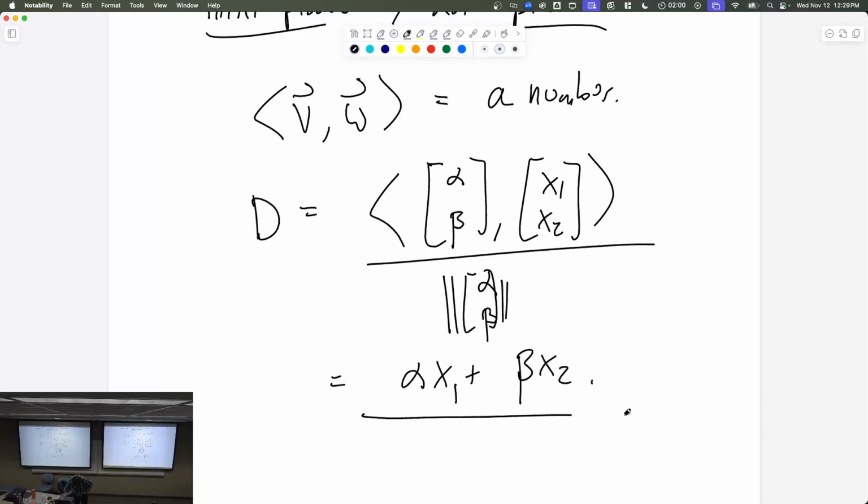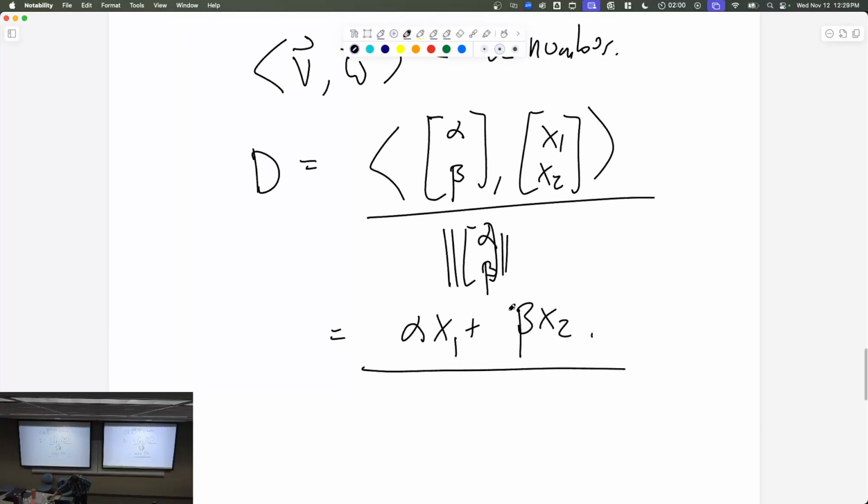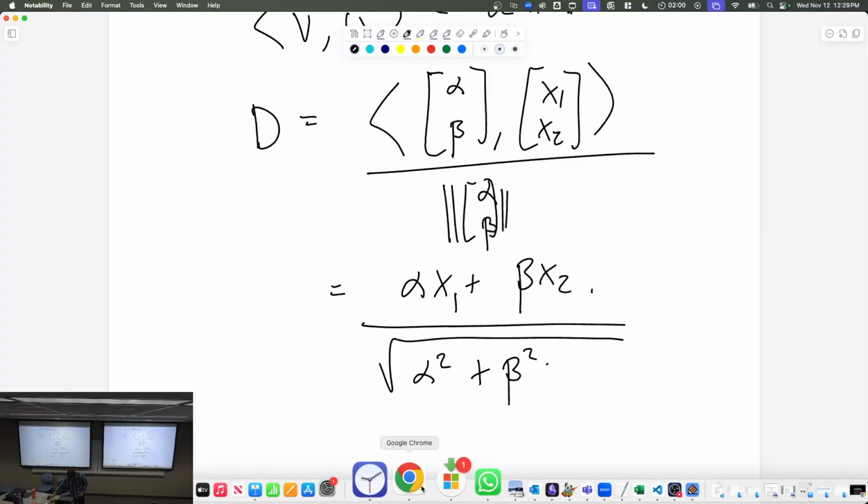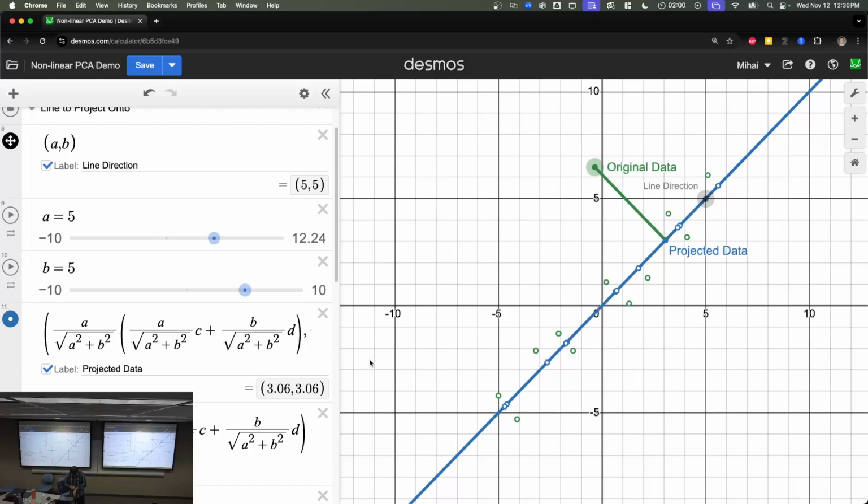On the bottom, you have the norm, which is the square root of alpha squared plus beta squared. So this is the amount you need to move for a given point x1, x2. This is the amount we're going to move in the direction alpha beta. And therefore, the actual point is some nice formula, which is listed over here.